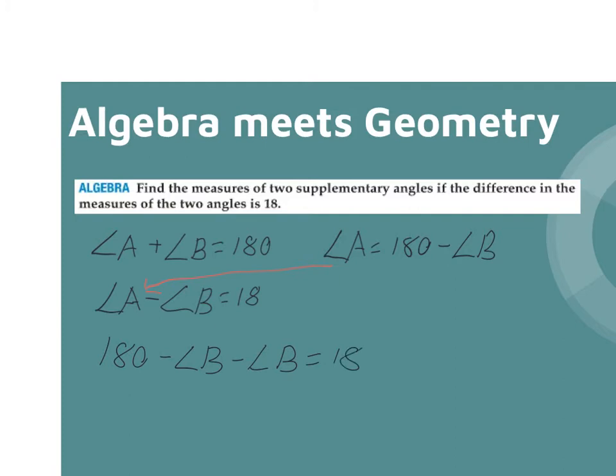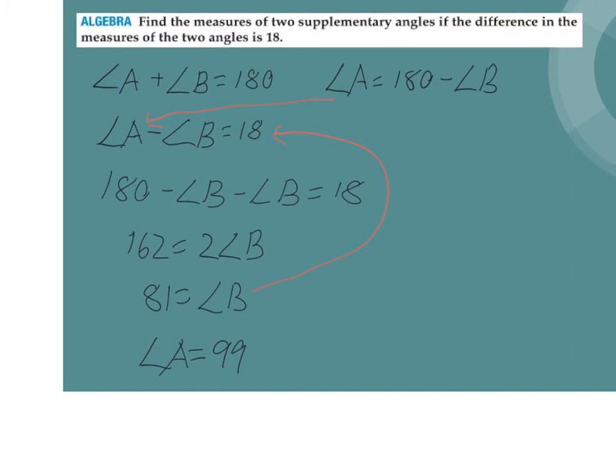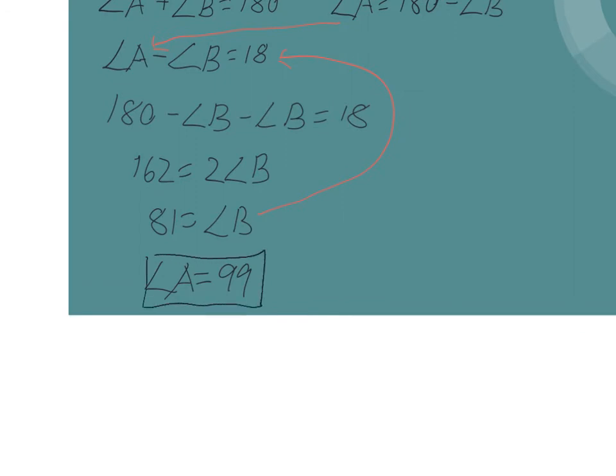Now if we add 2B to both sides and subtract 18, we end up with 162 is equal to 2B, and 81 is equal to the angle B, which we can then sub back into our equation to find A. So these are our two answers.